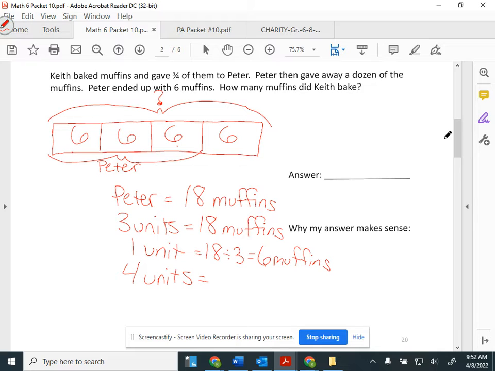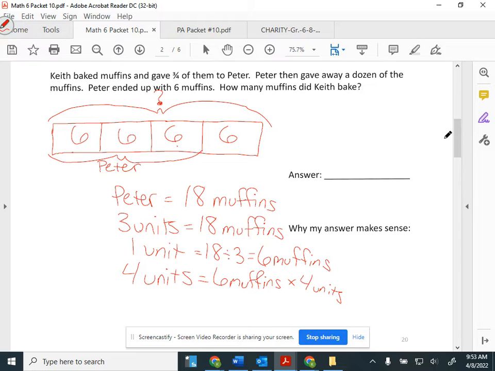You could do 6 times 4. Yeah, I could do 6 times 4, or I could add them all up. So 4 units I know would be 6 muffins times my 4 units. And that would tell me how many muffins he had all together.